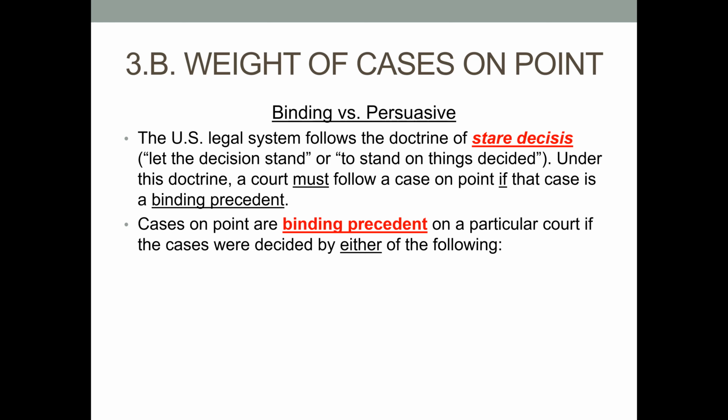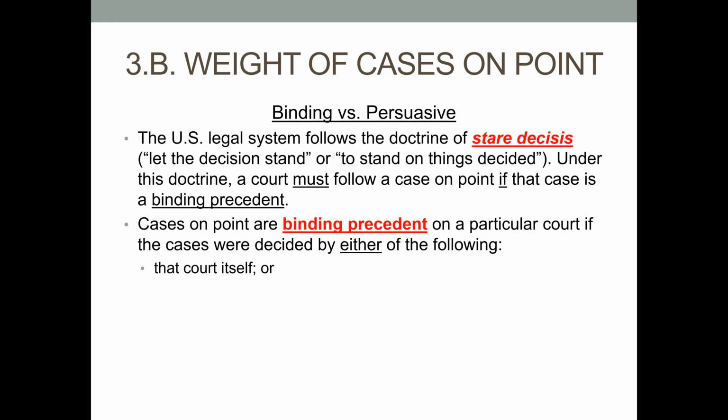What is the particular court that's currently deciding the new case, and what court decided the earlier opinion that is on point? And so the basic test for whether a case on point is binding on a particular court is that it is binding if the court that decided the precedent is either the same court that is deciding the current dispute.